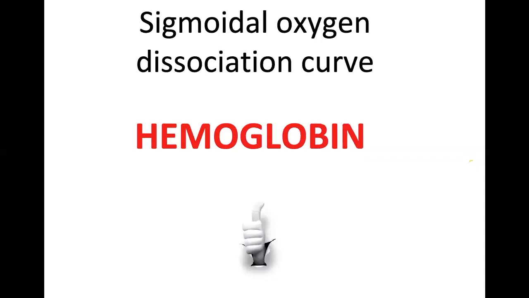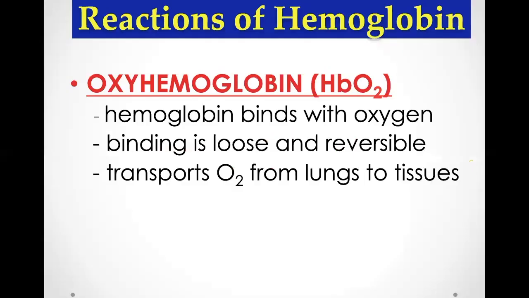The famous sigmoidal oxygen hemoglobin dissociation curve. Now, most references call it the oxygen dissociation curve, but my friendly tip to you is memorize the phrase oxygen hemoglobin dissociation curve, or hemoglobin oxygen dissociation curve. I'll show you how it looks, and it is sigmoidal in shape.